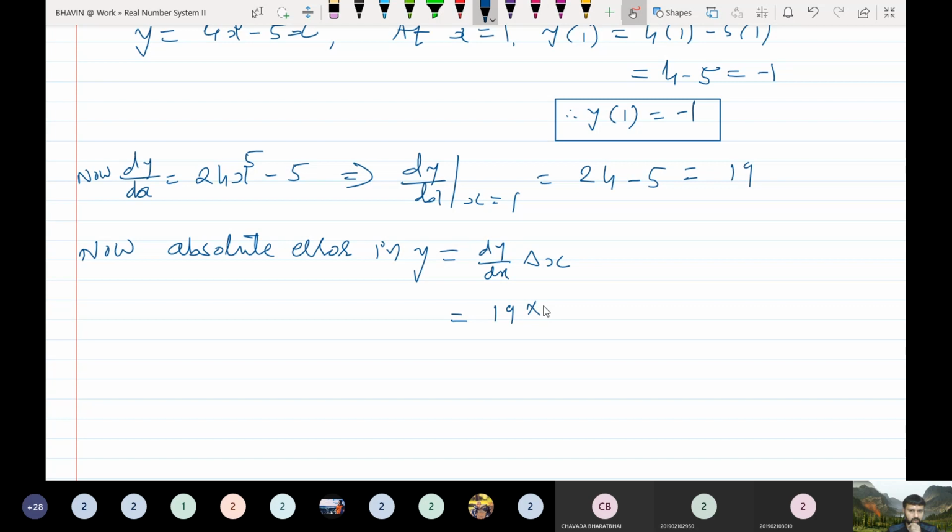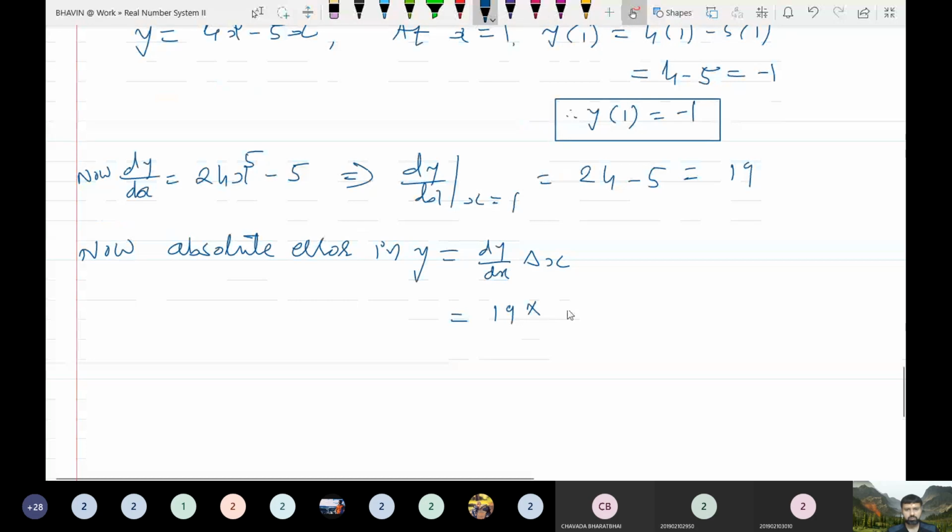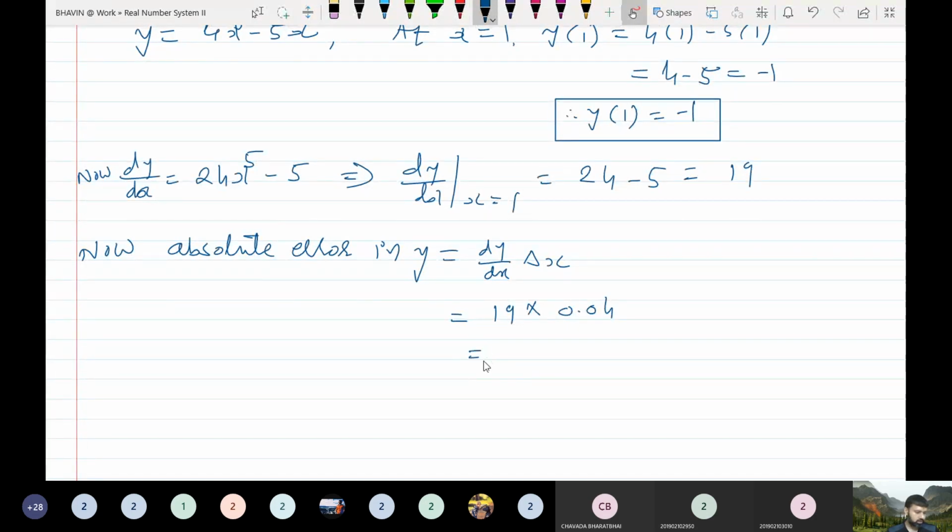Into error in x. It is given that error in x is 0.04. So the answer is 19 into 0.04, that is 0.76. So absolute error we have found.